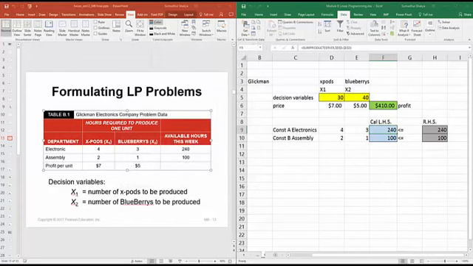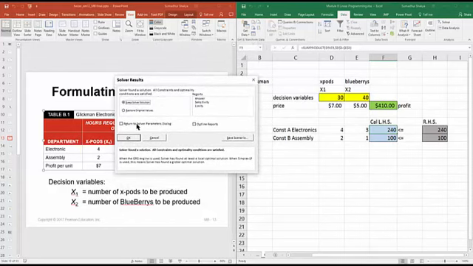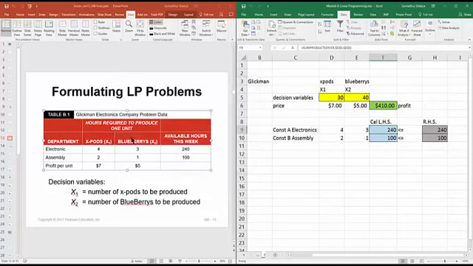If everything is modeled correctly, then this is the dialog box that you'll get to see. If something goes wrong, it'll come up with an exclamation mark, which just means that you have to fix the problems.